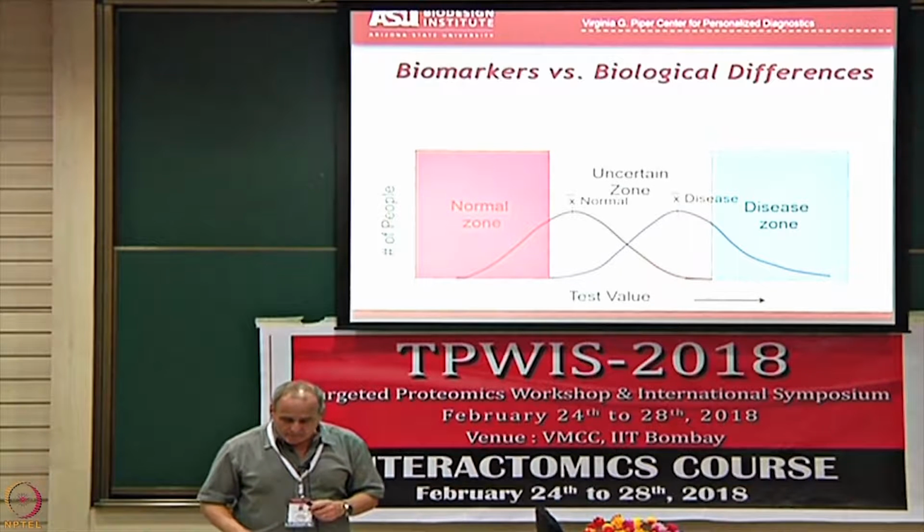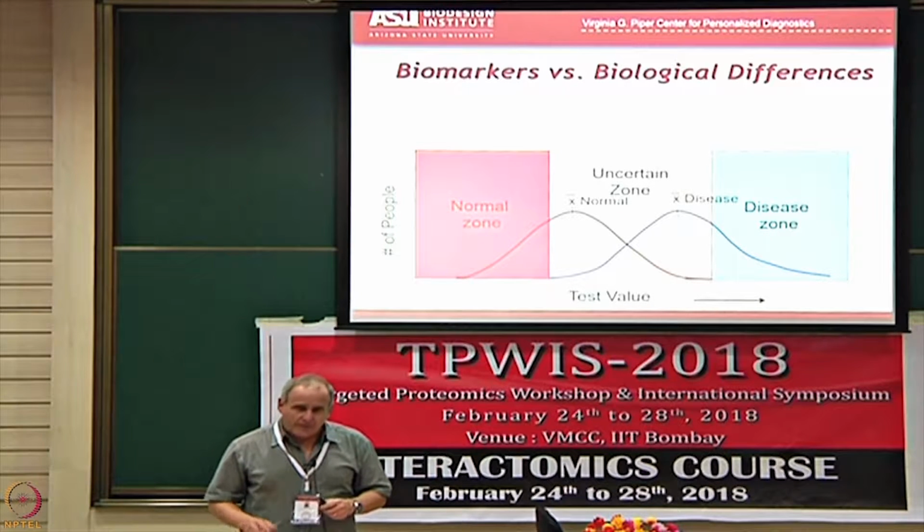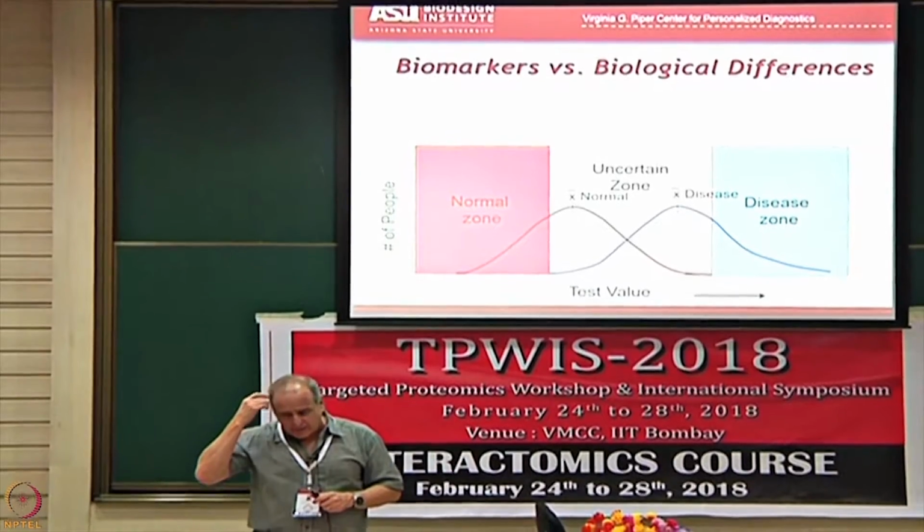Okay, so there are lots of different ways to classify biomarkers. You could definitely talk about the uses. What other ways are there to classify biomarkers? Yeah, what you're measuring, what the material is. So what type of molecule? Absolutely.